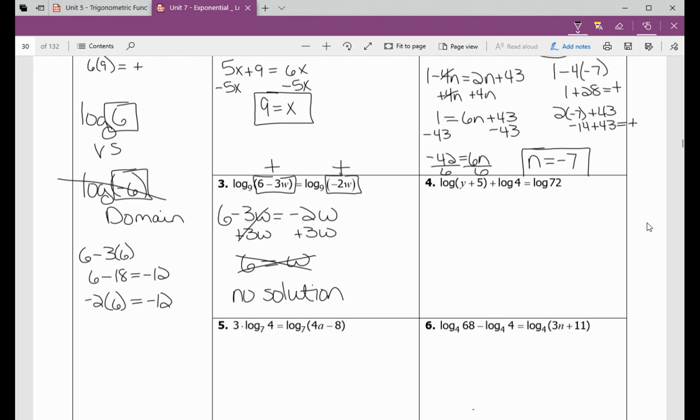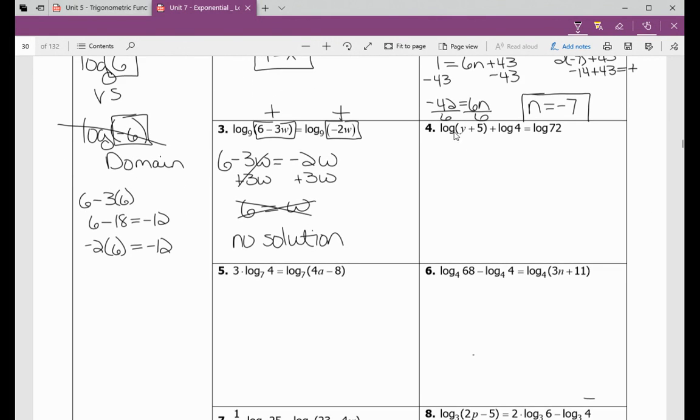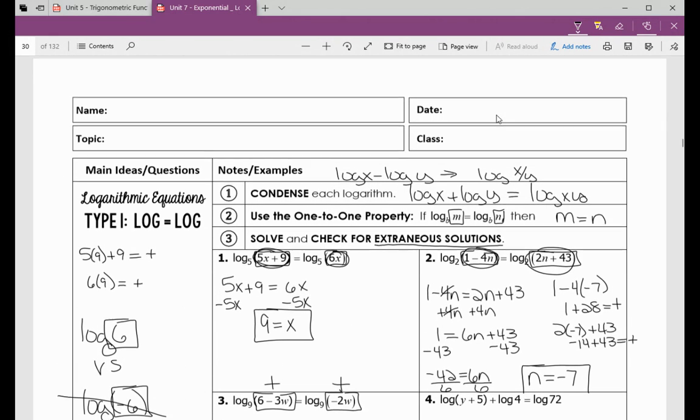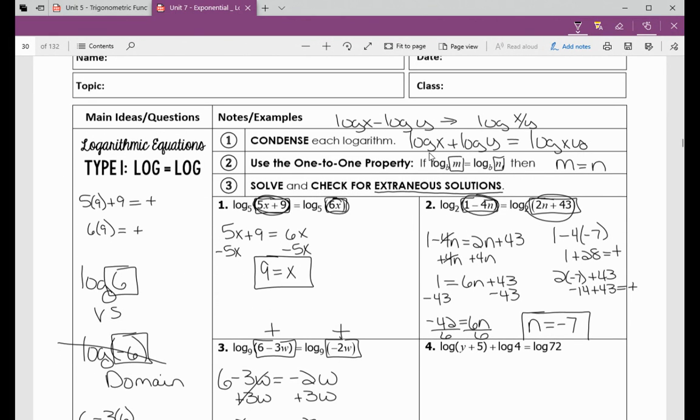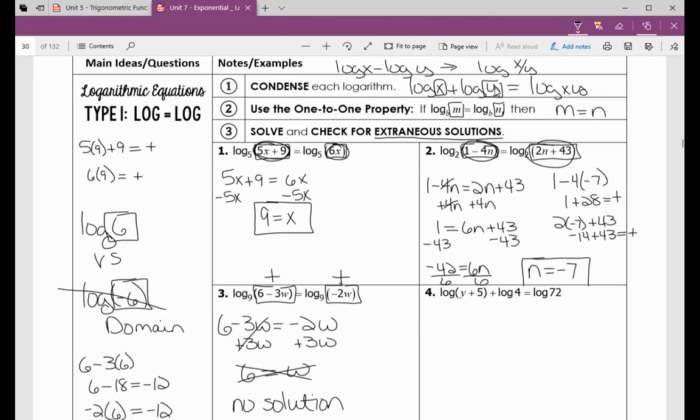Now, in the next few examples, we have more than just a logarithm equal to a logarithm. So we're going to have to condense these so that we do have just a logarithm equal to a logarithm. Up here, I told you if you had a log plus a log, you multiplied these two numbers together, or these two groups, whatever they are.